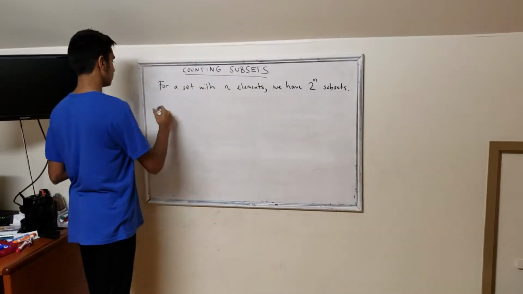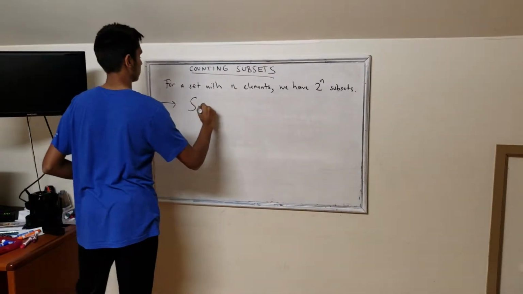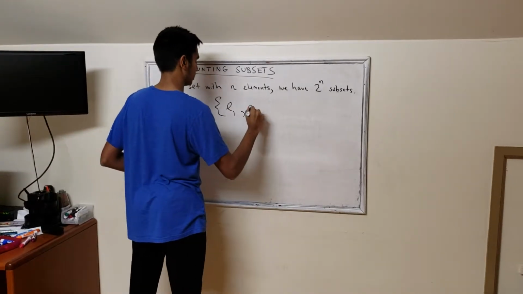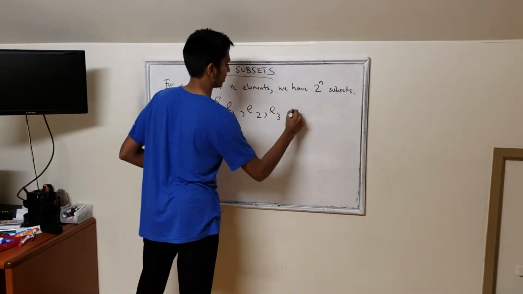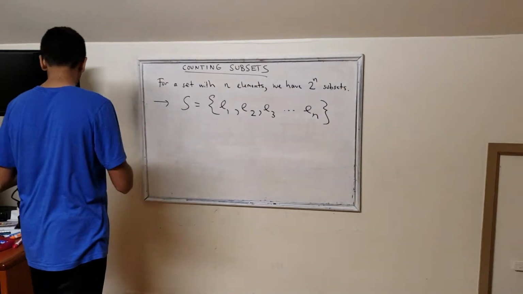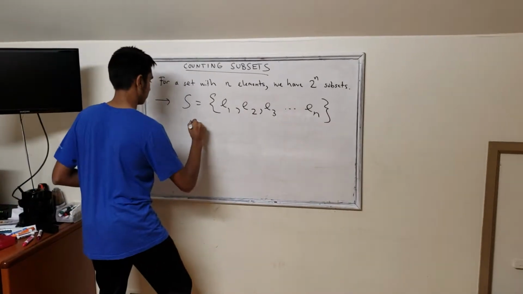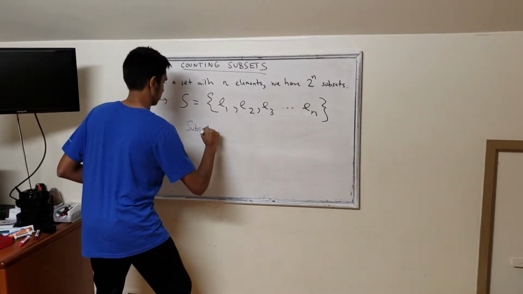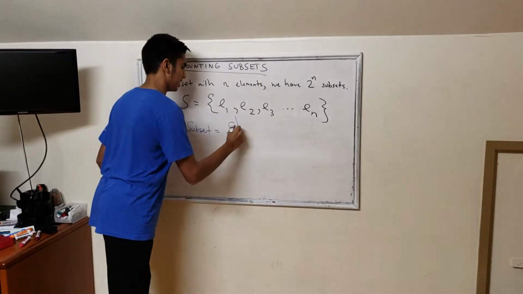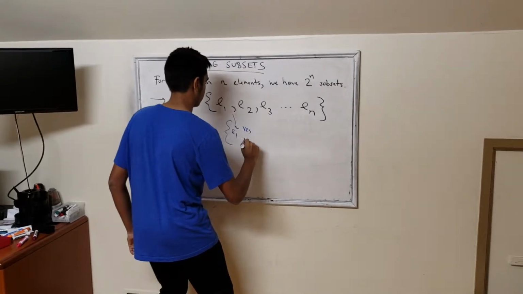So why is this true? Say we have our set S, and it has our elements: element number 1, element number 2, element number 3, all the way to element number n. Now let's say we're creating our own subset, and we have some elements. For each element, say E1, we can say we want it or we don't want it.